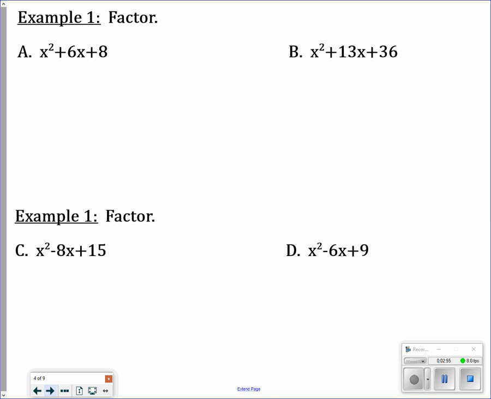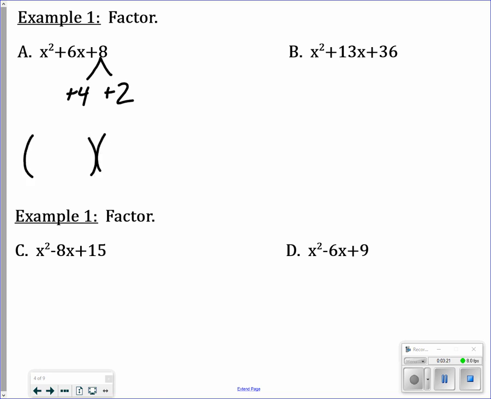So since there is no number in front, we're looking at the c value. The c value is 8. So I need two things that'll multiply to be positive 8, but then they got to add up to be positive 6. So positive 4 times positive 2. And yes, the symbols do matter, okay? So a positive 4 times a positive 2 would equal 8, and add up to equal 6.